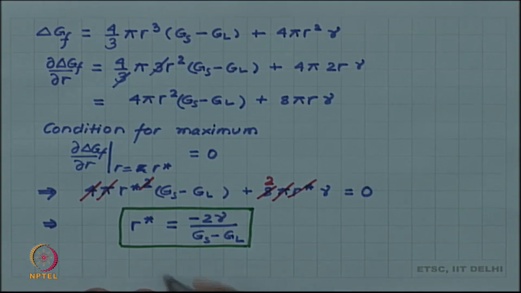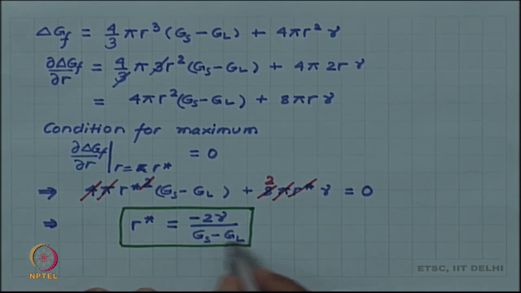You recall that Gs minus Gl itself is negative. So, that is why we have a minus sign there. So, R star gives you a positive radius.